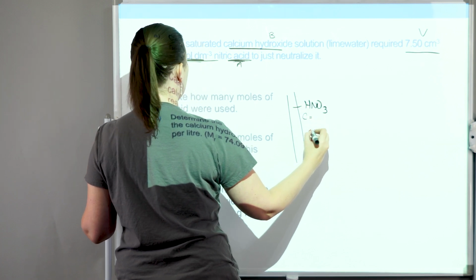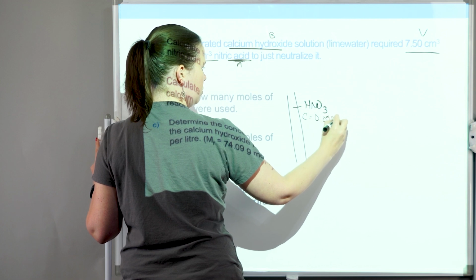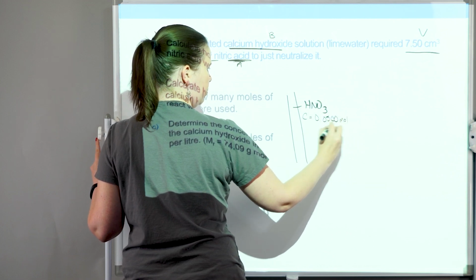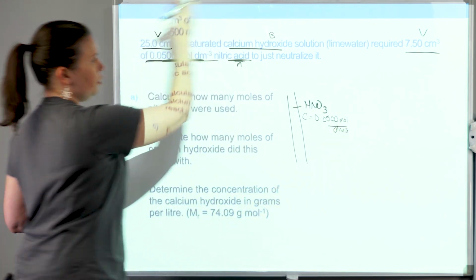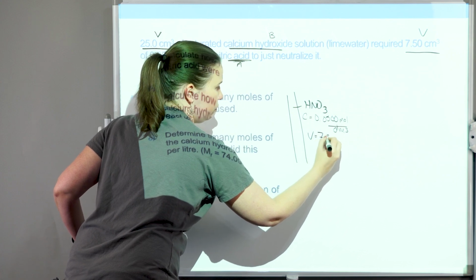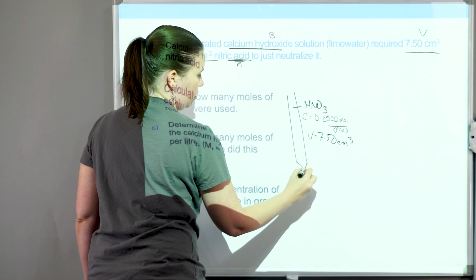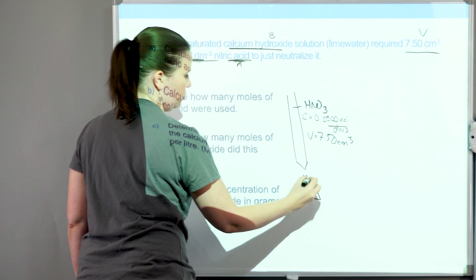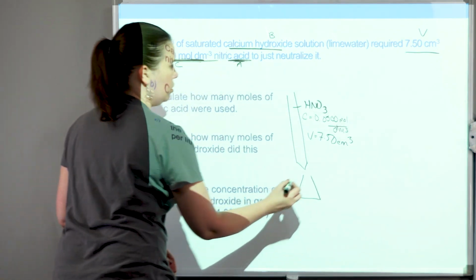Concentration given for that was 0.0500 mole per decimeter cubed. And then the volume given for that comes back up here, 7.50 centimeter cubed.